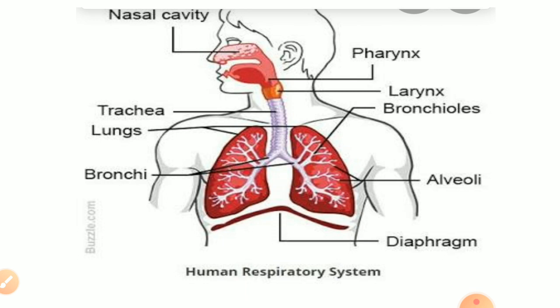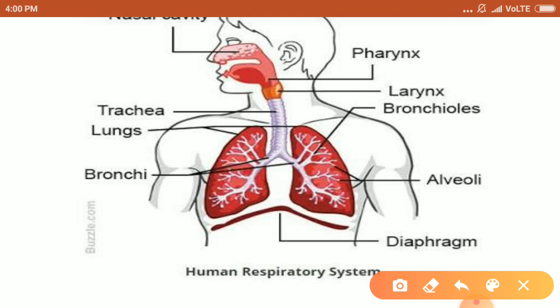Now, after the larynx, you can see the trachea, which is also known as the windpipe. The larynx leads into the long tube called the trachea or windpipe. It bears rings of cartilage, which do not collapse.